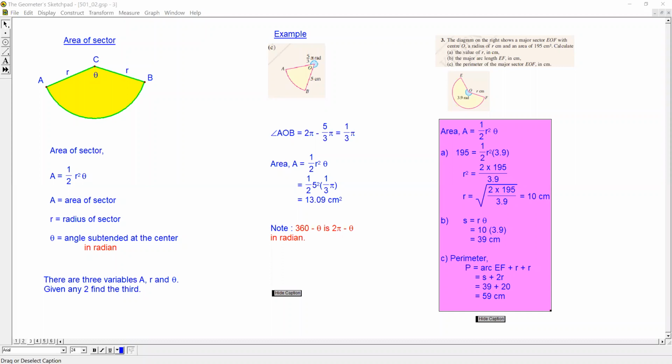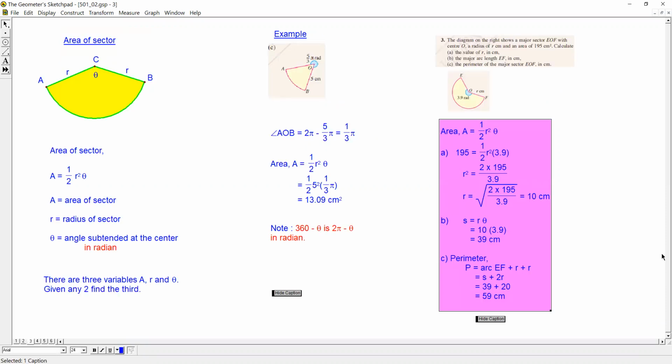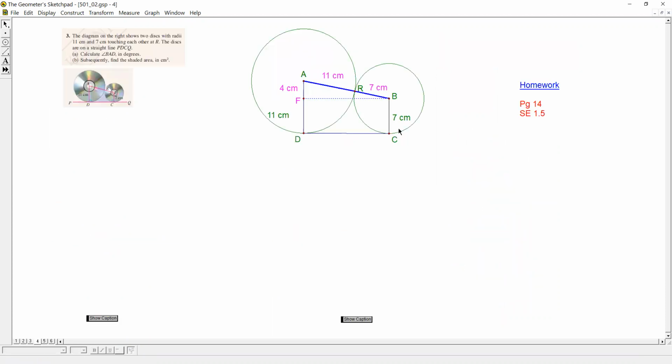So you know how to make use of this formula, A equals half R squared theta? Yes. This one is a problem type of question. I don't want to go so fast. I want to see whether you can do the homework or not. Then probably this question I give you chance to try first.